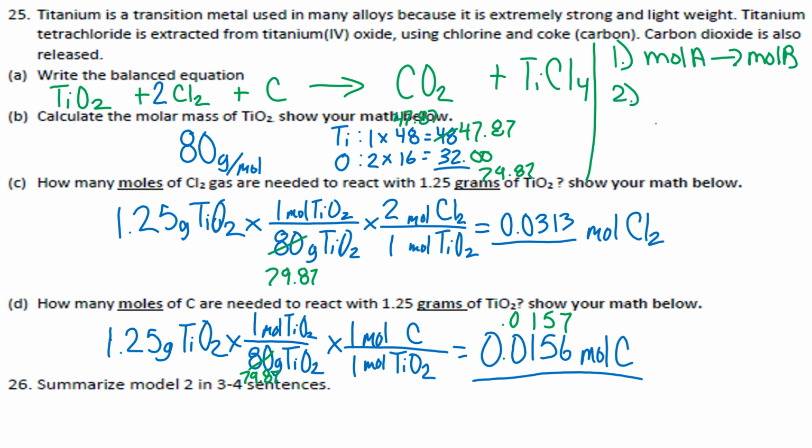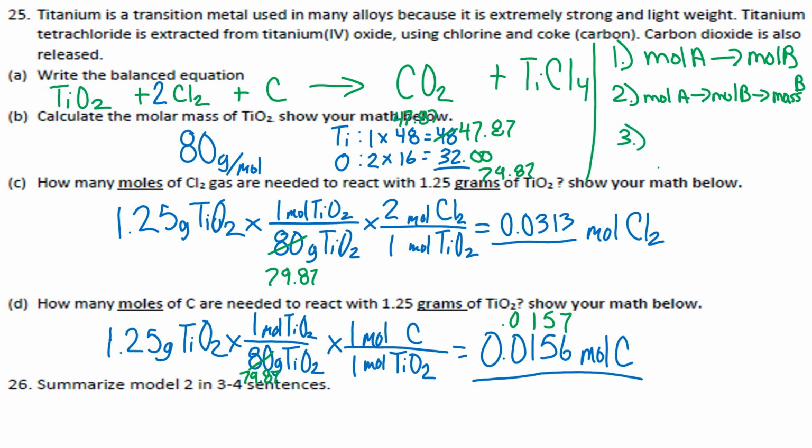Model 2 was mole of A to mole of B to mass of B. So we went from mole of one substance to mole of another substance to mass of a substance.